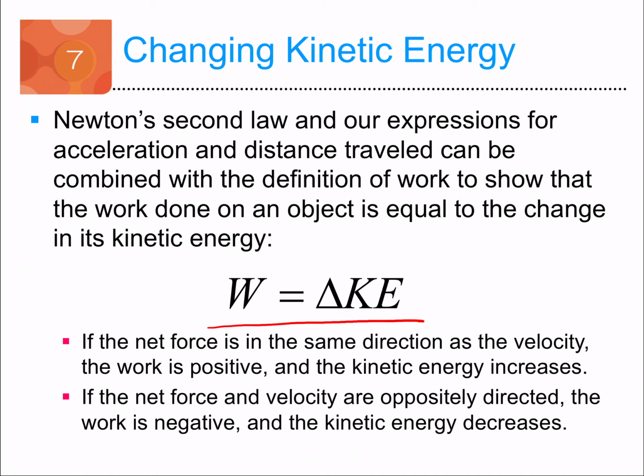If the net force is in the same direction as the velocity, the work is positive. Your kinetic energy is going to increase. If the net force and velocity are oppositely directed, the work is negative and the kinetic energy is going to decrease. Okay, this ends part 2 of chapter 7.